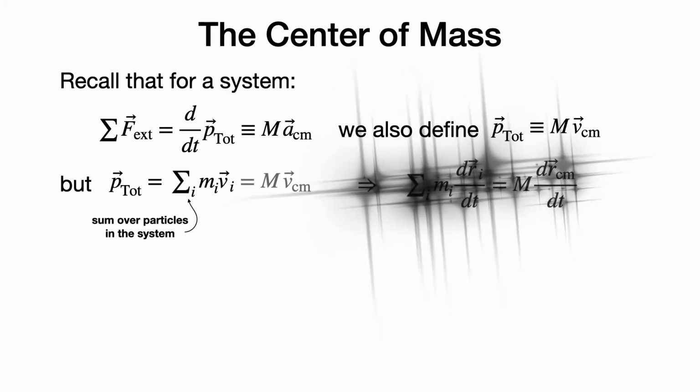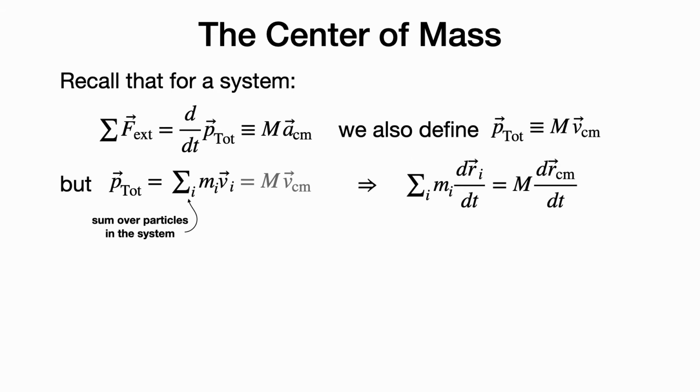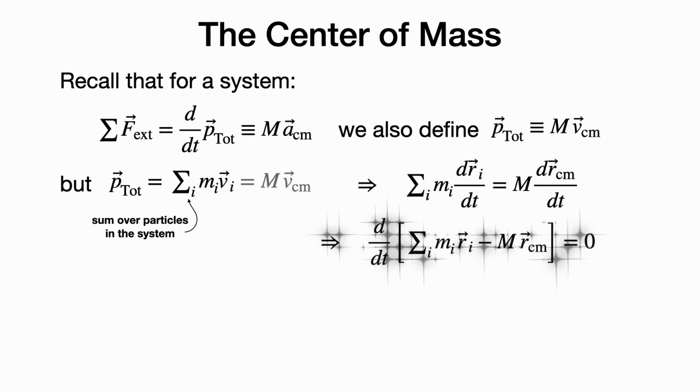If we express the velocities as the rate of change of the positions of both the individual particles and the center of mass, then we can rewrite this by pulling the time derivative outside of the whole thing, bringing the term on the right side to the left, and we get that the time derivative of the sum of the individual momenta minus the total momenta vanishes. This means that the term inside of the square brackets must be a constant.